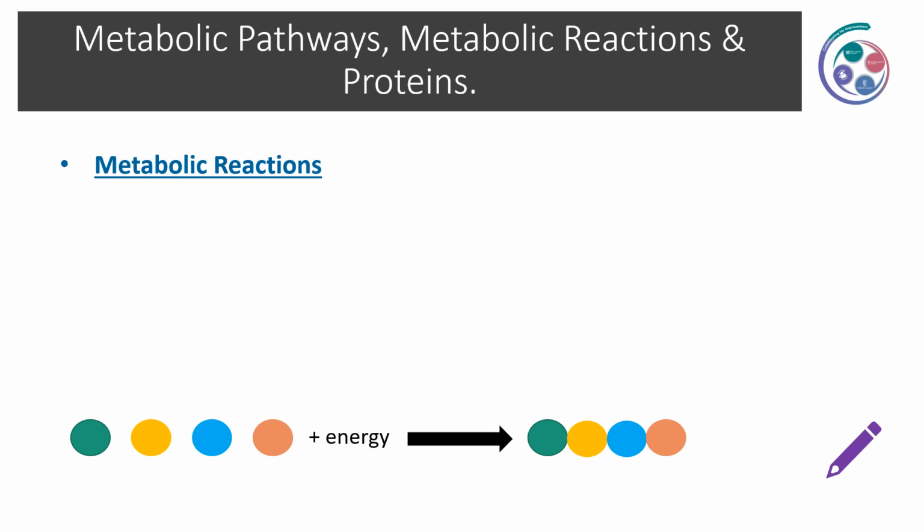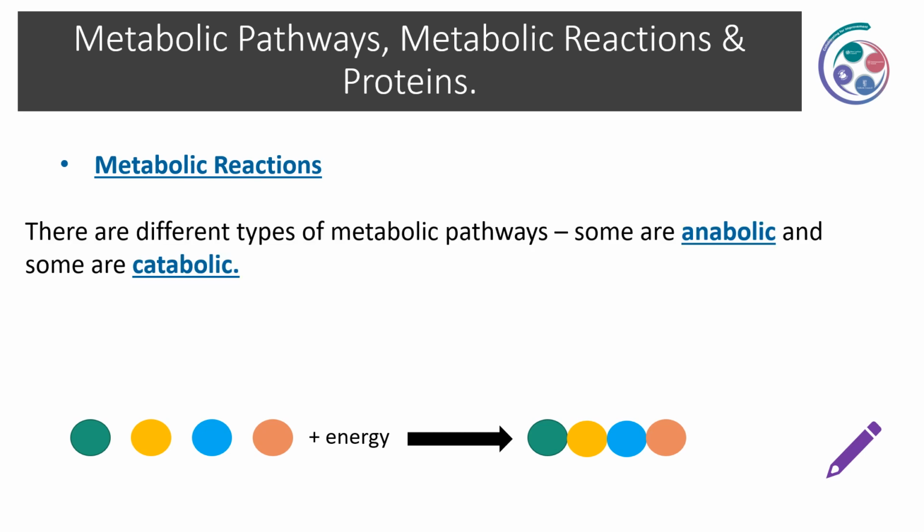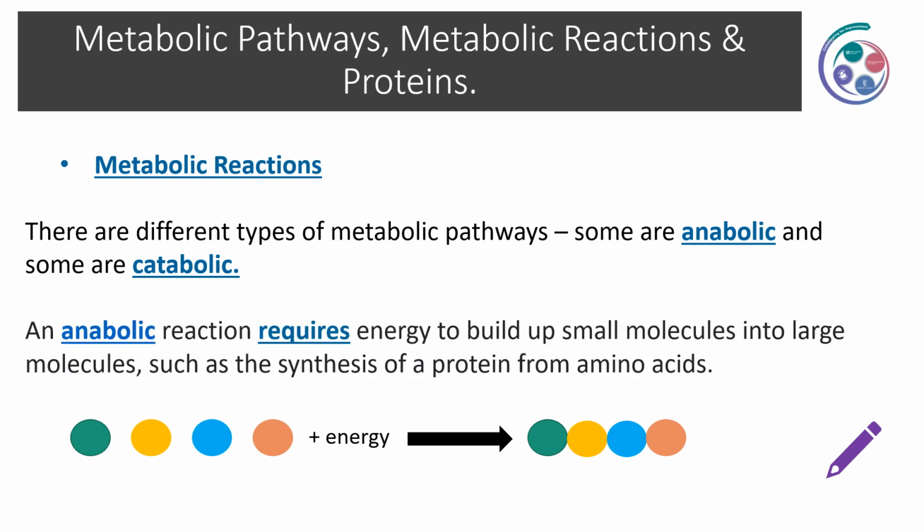Let's now have a look at different types of metabolic reactions. We are going to have a look at two different types of metabolic reactions: anabolic reactions and catabolic reactions. You need to be aware of the difference between these two types of reactions. The diagram at the bottom of the page is showing an anabolic reaction.